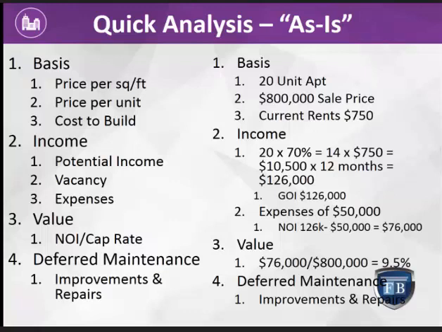Yeah, 102,600. So we have 102,600. So again, I see everybody getting that. So GOI is 205. NOI, I see everyone dialing that in.